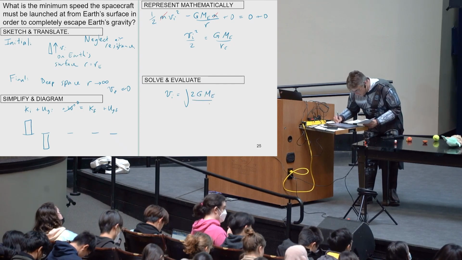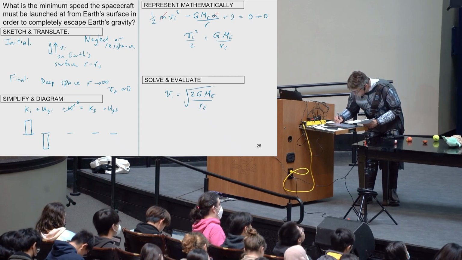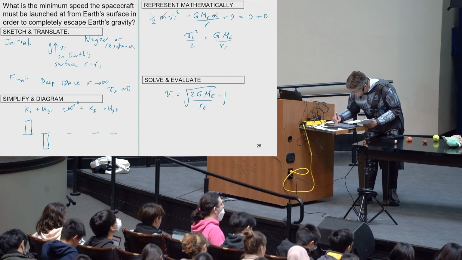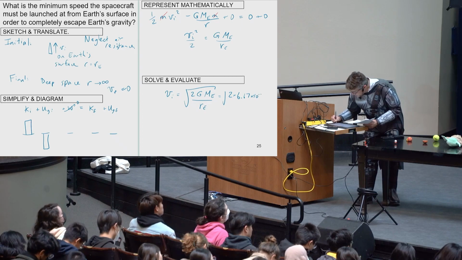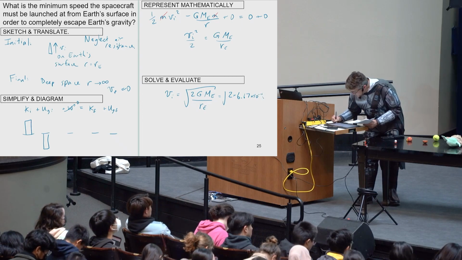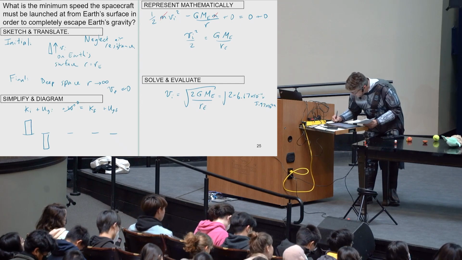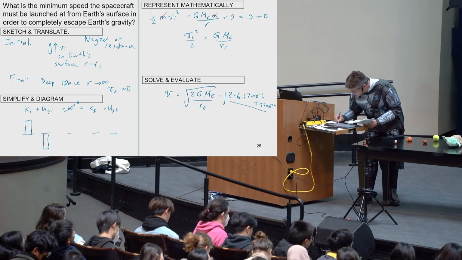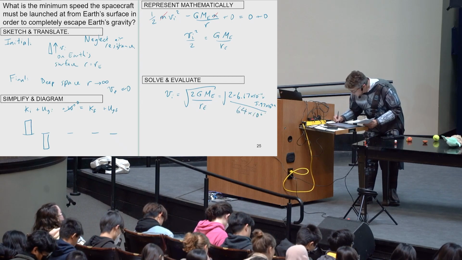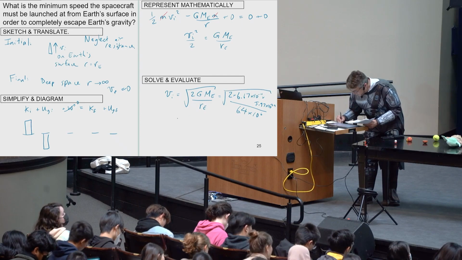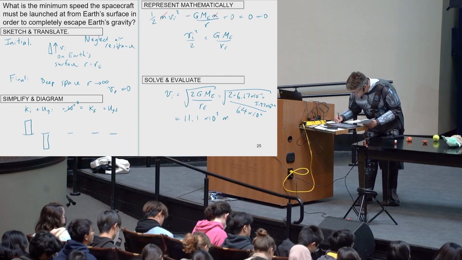It's a little bit different than the circular orbit thing. I think it's going to be more. 2 times 6.67 times 10 to the minus 11 times the mass of the Earth, which I think is 5.97 times 10 to the 24, divided by the radius of the Earth, 6.4 times 10 to the 6, and I got 11.1 times 10 to the 3 meters per second.